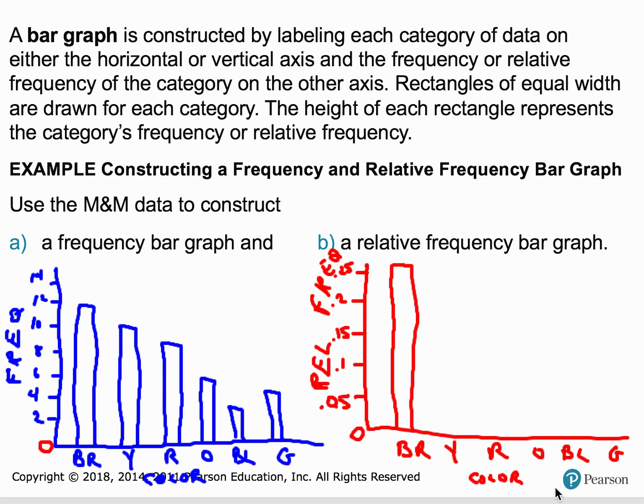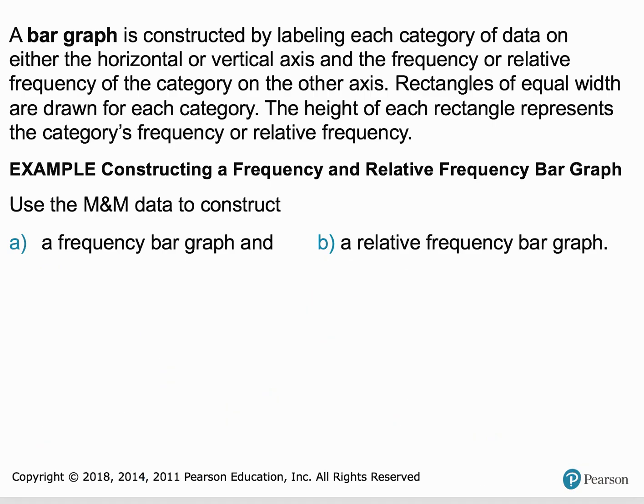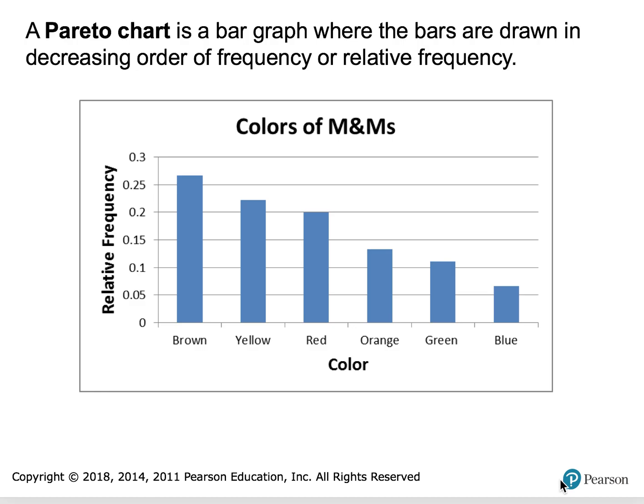Okay, now the order of the categories, notice right here, these aren't really in descending order. It doesn't usually matter, but there are special kinds of bar graphs, right, where the categories are arranged in decreasing order of frequency. And they're called Pareto charts.